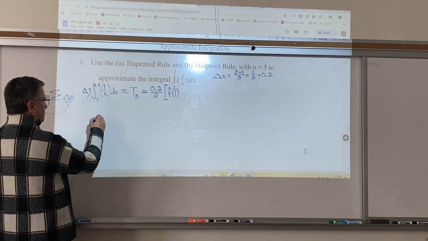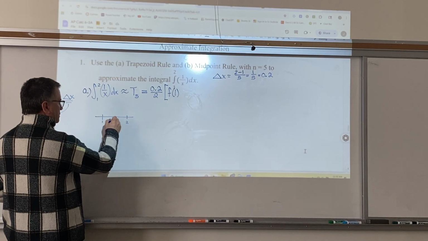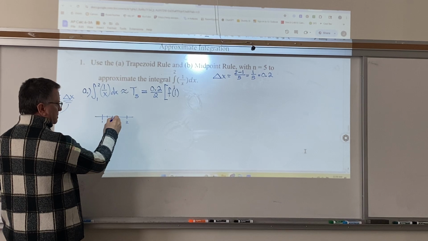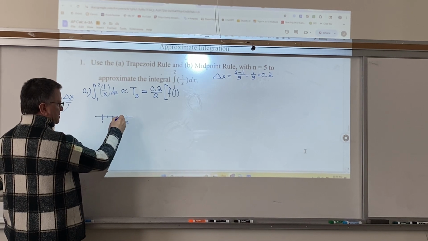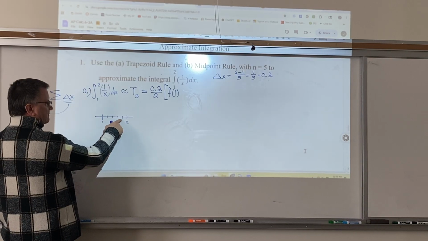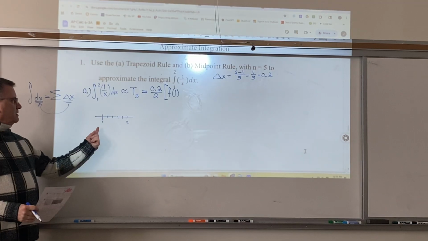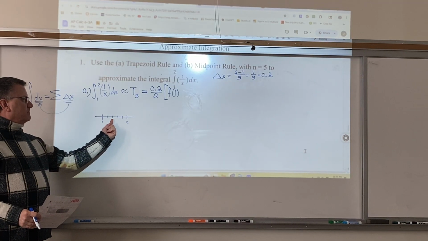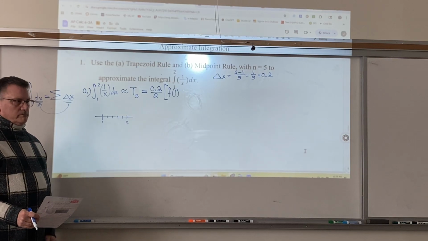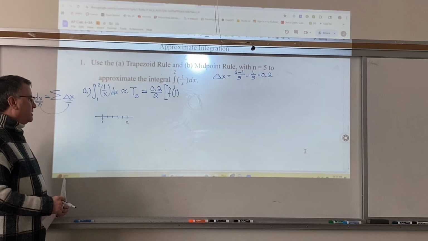If I draw a little picture, I'm going from 1 to 2: 1.2, 1.4, 1.6, 1.8, 2. There are my 5 pieces.